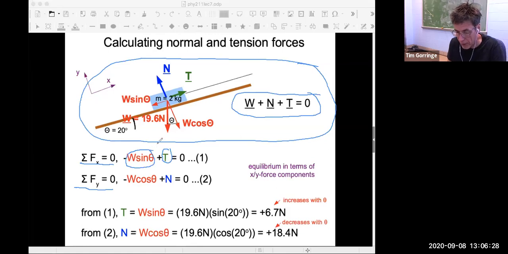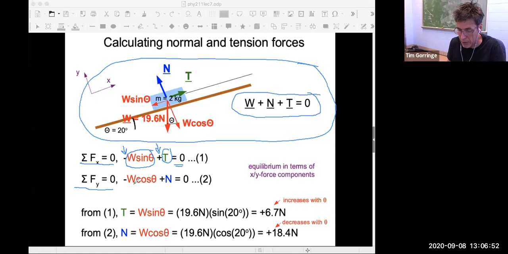And importantly, tension is in the positive x direction, up the incline. That component of weight is down the incline in the negative x direction. And so that's the sum of the forces that are acting along the incline, and those must add up to zero. And so that's equilibrium in the x direction.